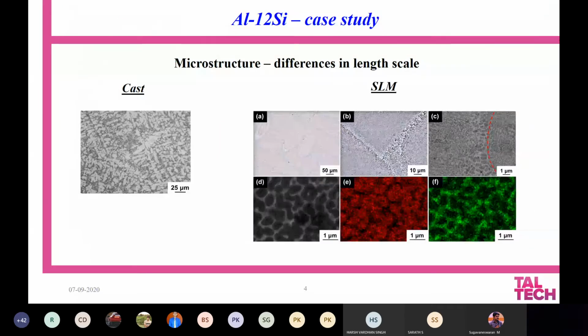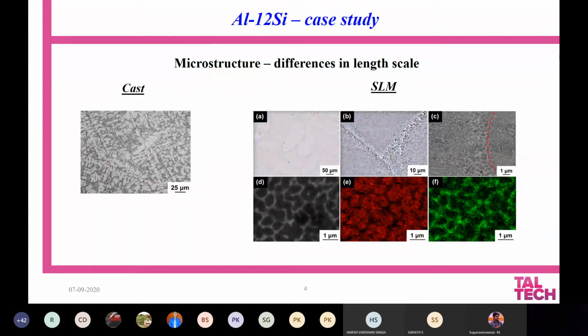But the real microstructure of the aluminum 12 silicon sample is shown here. There are two different images shown here. One is the actual image of an aluminum 12 silicon sample produced by the conventional casting process. The other is the microstructure of an aluminum 12 silicon sample produced by selective laser melting.